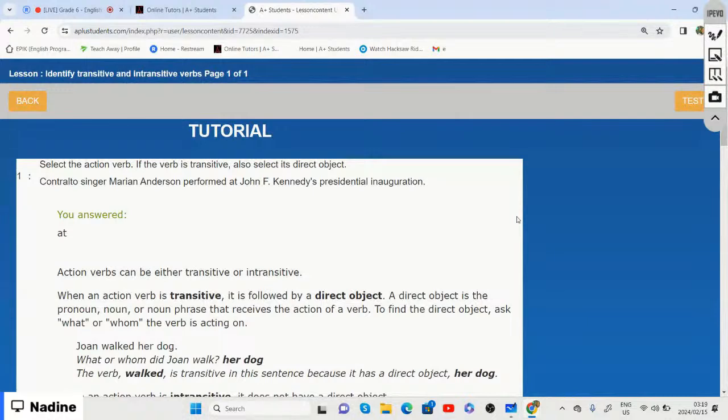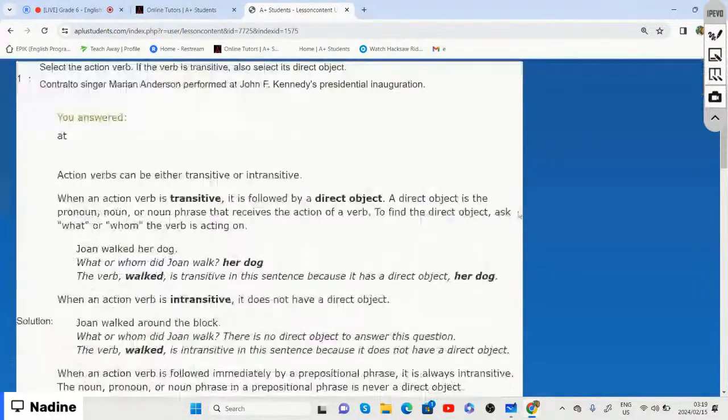All right. So we said that action verbs can be transitive or intransitive, right? When an action verb is transitive, it is followed by a direct object, and the direct object shows us who or what the verb is acting on.